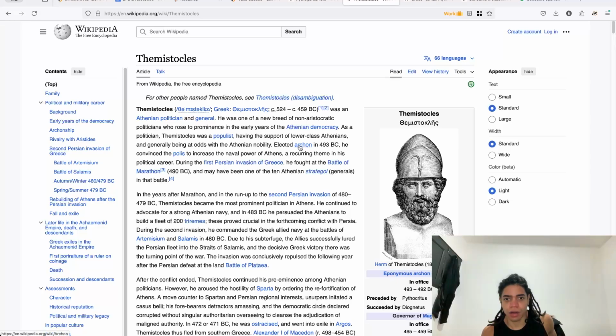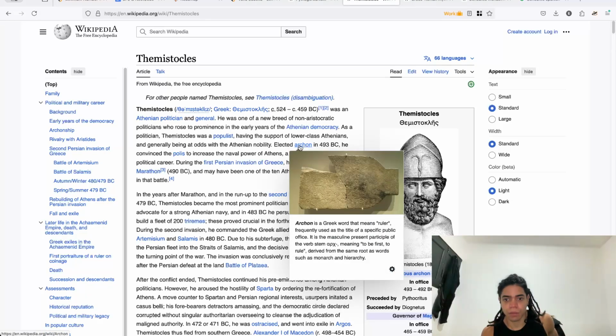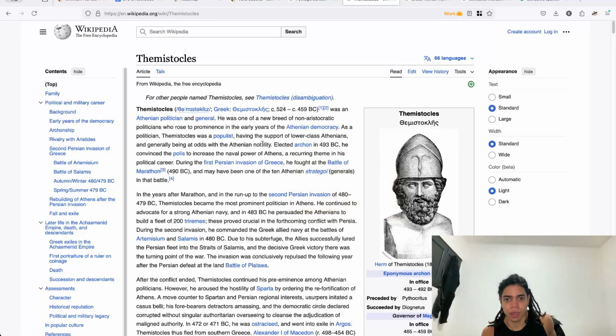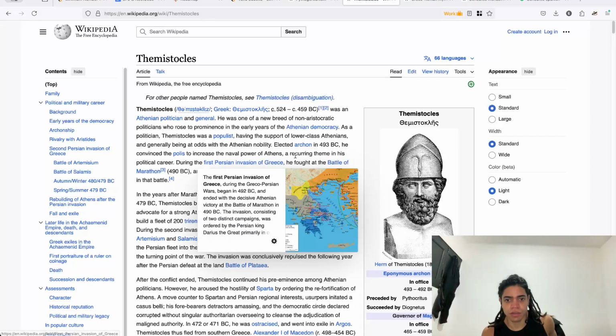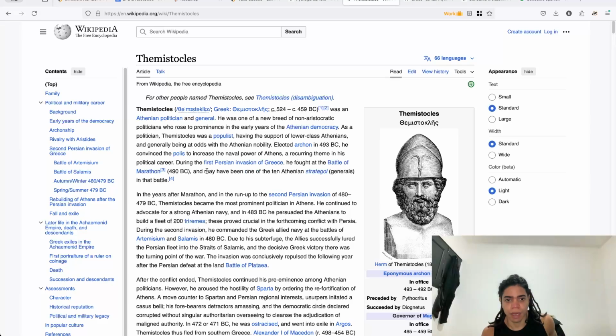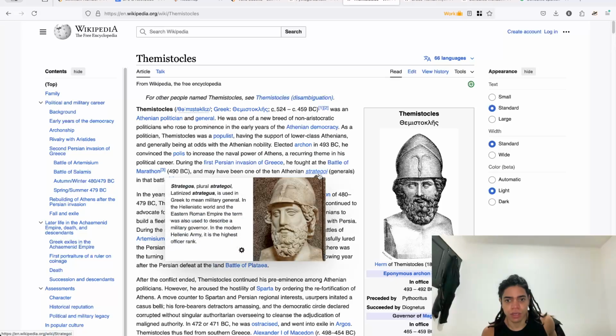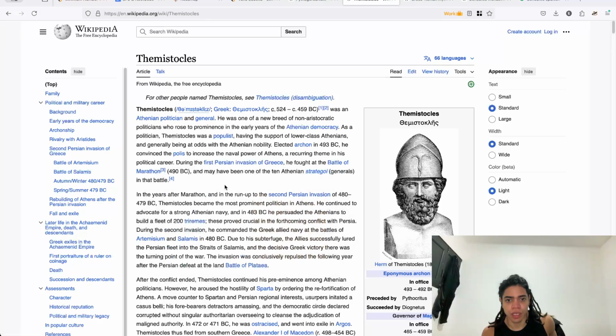Elected archon, or ruler, in 493 BC, he convinced the polis to increase the naval power of Athens, a recurring theme in his political career. During the first Persian invasion of Greece, he fought at the Battle of Marathon, and may have been one of the 10 Athenian strategoi, generals, in that battle.